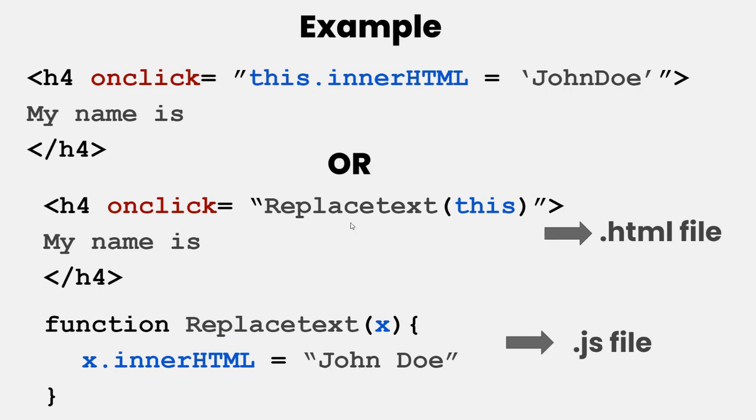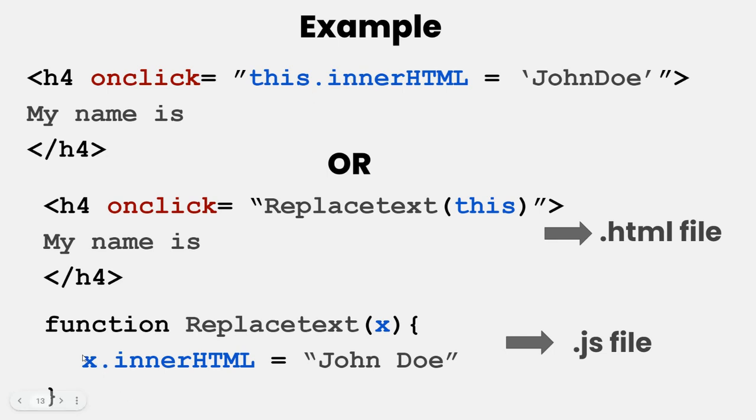So the moment we call this function with this event handler, this particular this keyword, which represents the entire heading 4 element, will be passed into this x parameter. And so you can say that this is equivalent to saying this.innerHTML as we have it here in the first example.